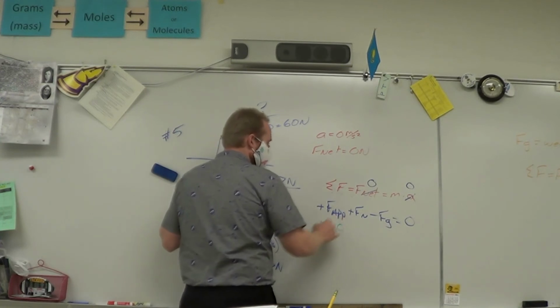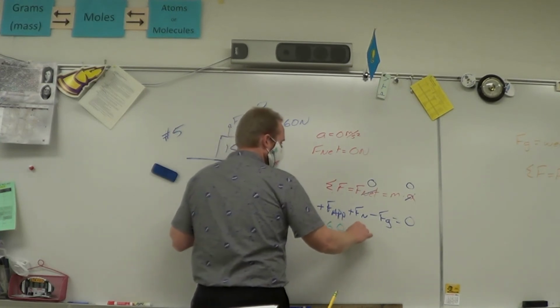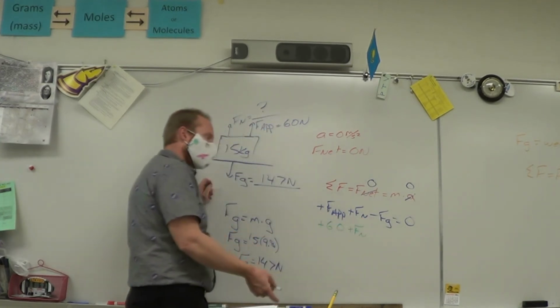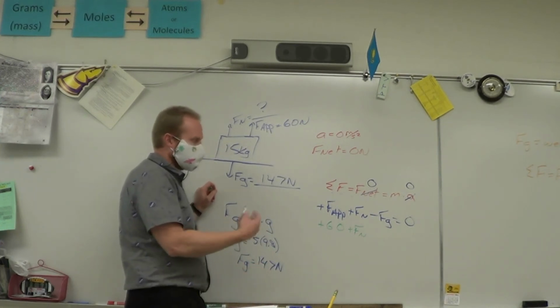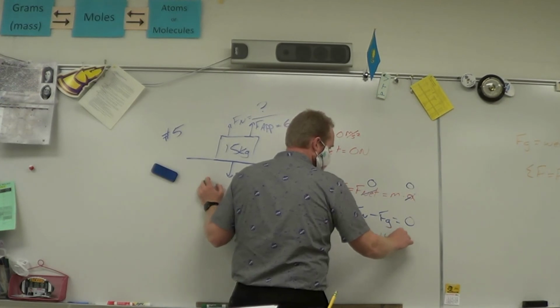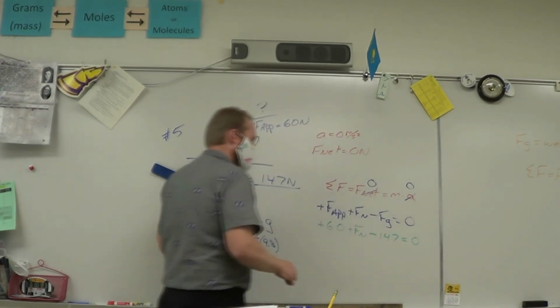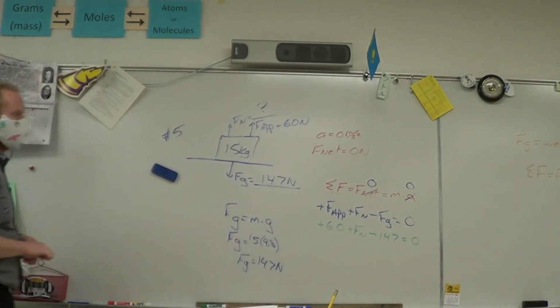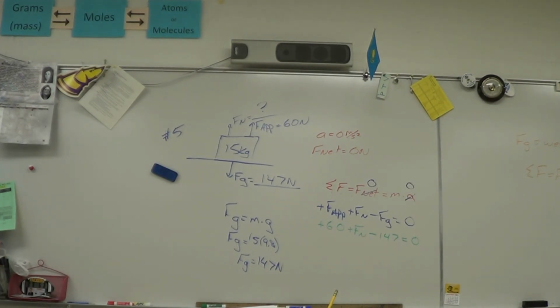So I have to add 60. I have to add F of n, but I don't know my normal force. That's what we're trying to figure out. And if we subtract our force of gravity, those have to add up to 0.